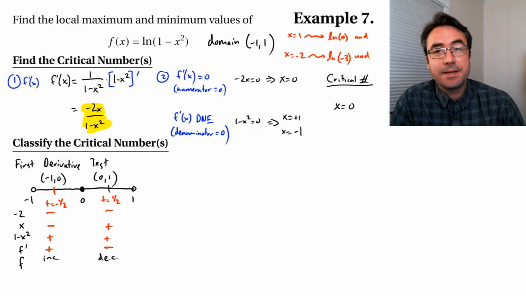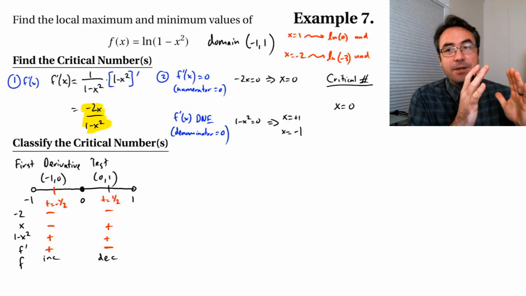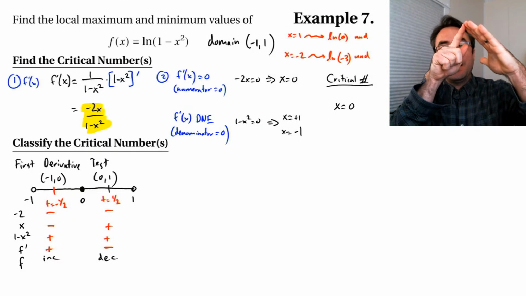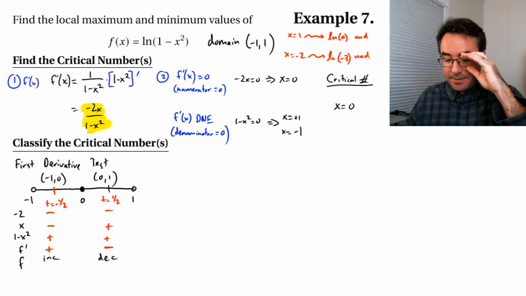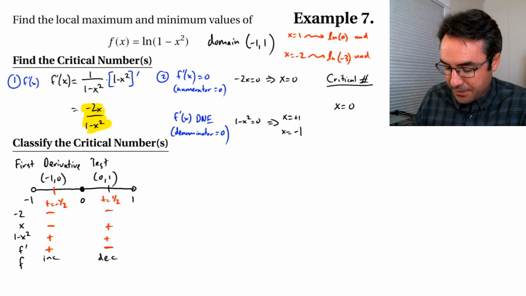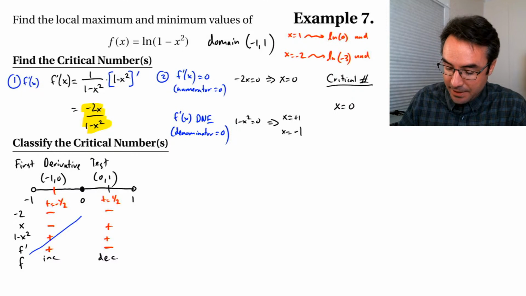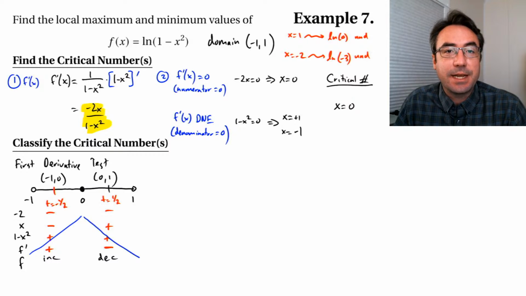So what's happening is on the interval to the left, we're increasing, and then on the right, we start decreasing. So the general behavior here is that we're going up on the left side, and then we switch, our graph flattens out, and we start decreasing on the other side.